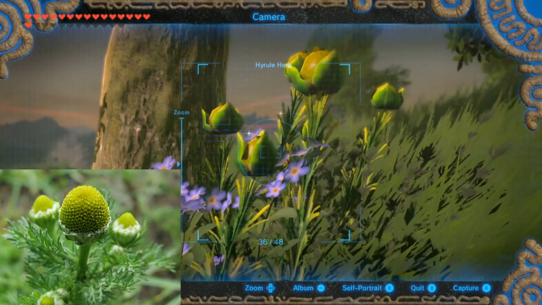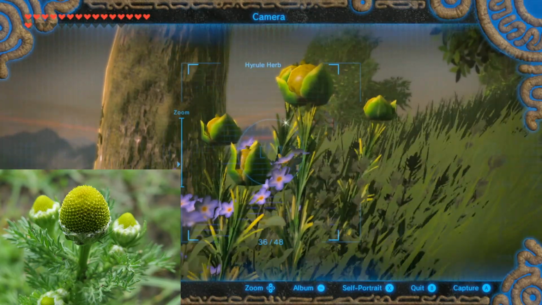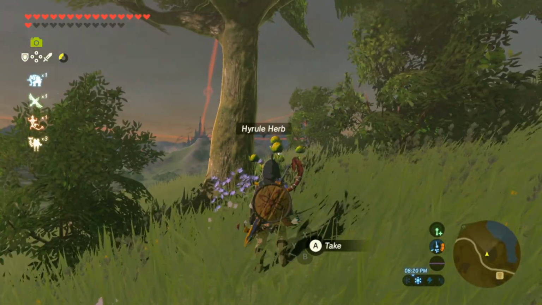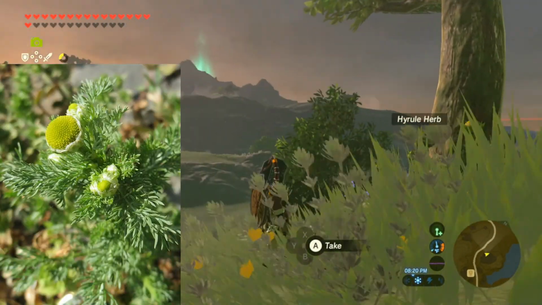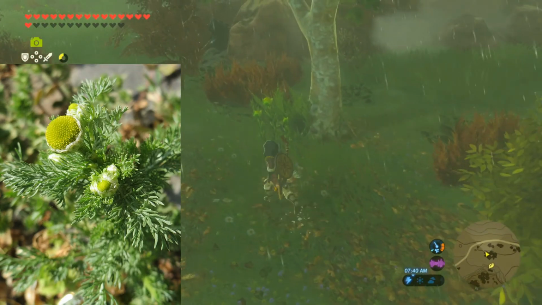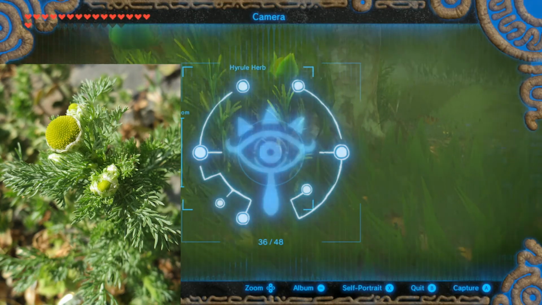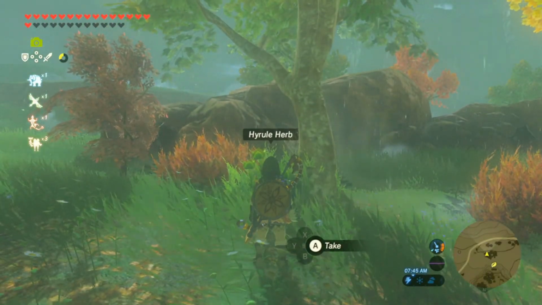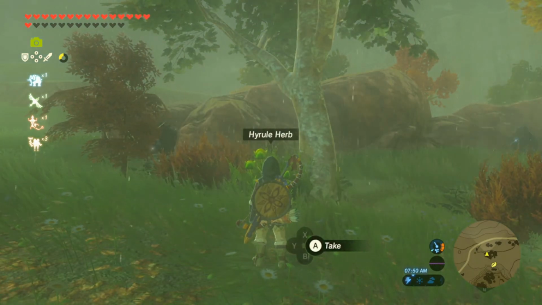So not only is the head of the flower really similar to the real life plant, but also the leaves, which are kind of lacy. And there's just a few more examples of Hyrule herb in different areas, and you can see the leaves a lot better here.